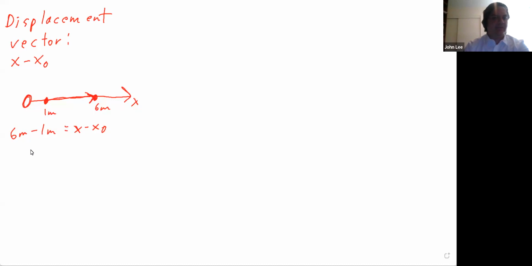And then the displacement is going to be equal to 5 meters. So it's pretty simple to do.